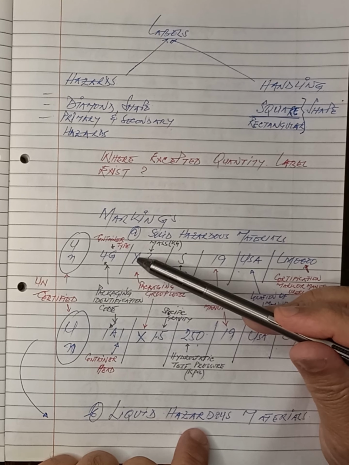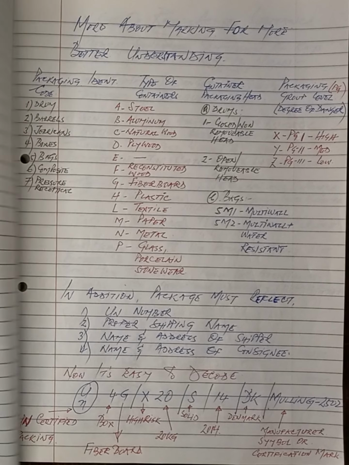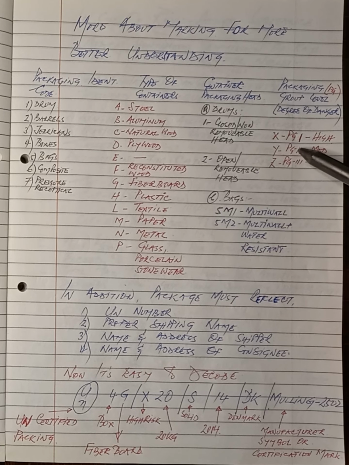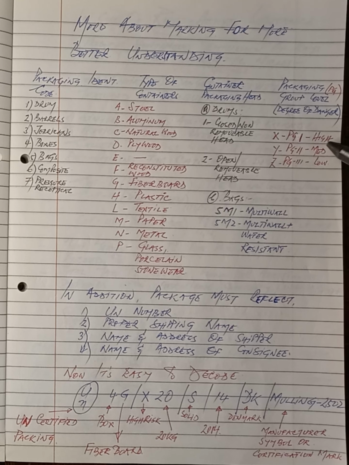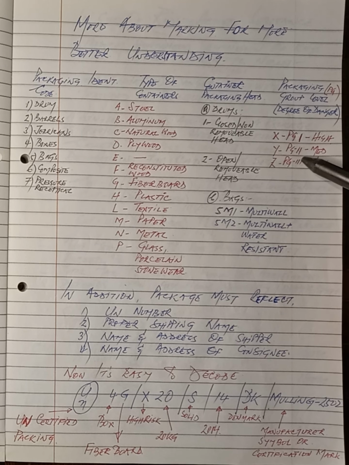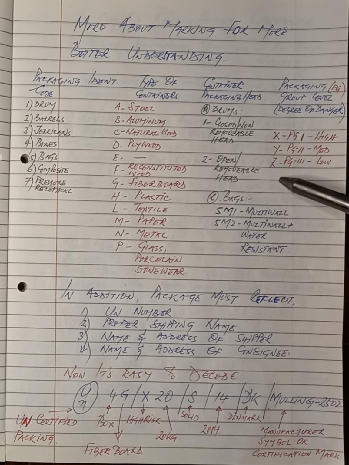Packaging group level X, Y and Z. X, packaging group 1, meaning designed for high risk. Y or PG2 medium risk, and PG3 for low risk.